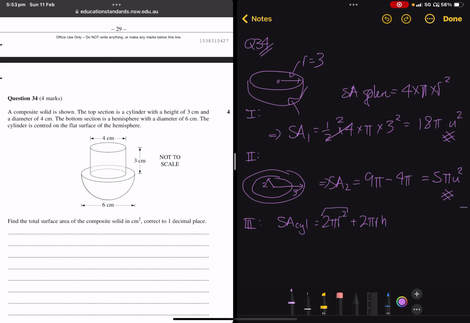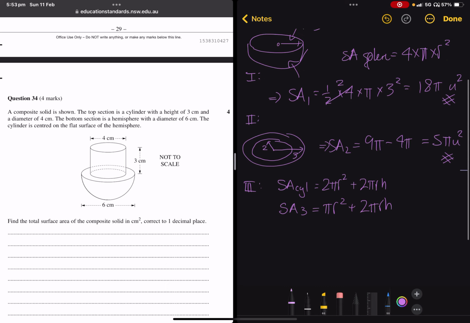So we can modify this formula. The surface area of a cylinder that has only one circle, surface area 3, is just going to be pi r squared plus 2 pi r h, because it has a circle on top but is missing the circular bottom. That no longer counts.